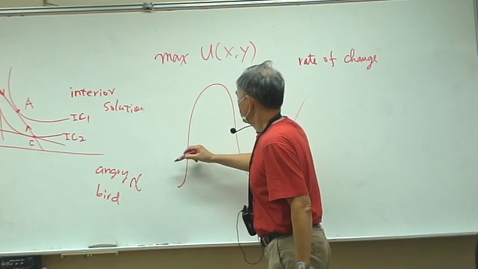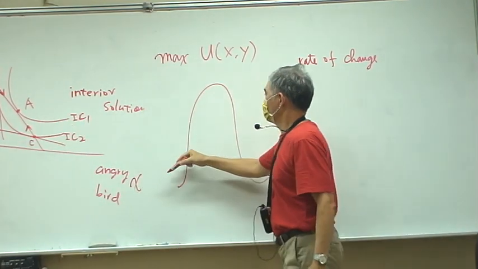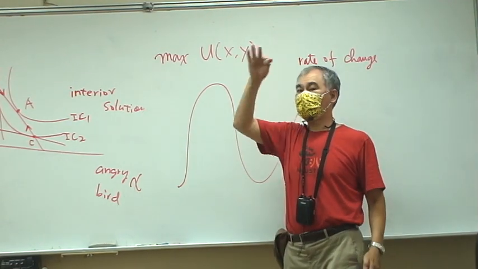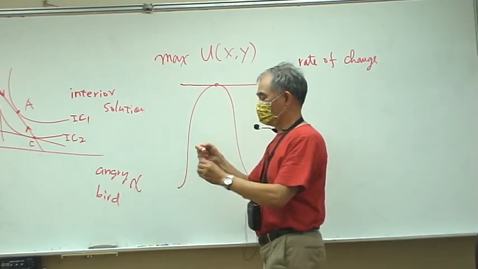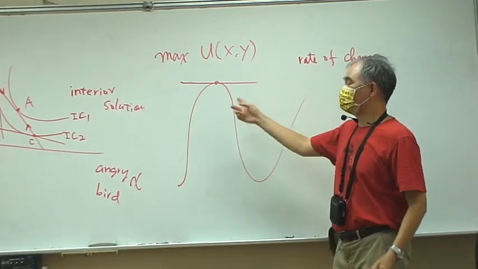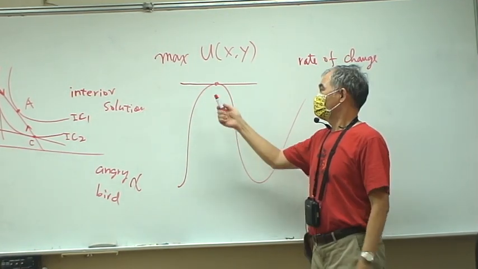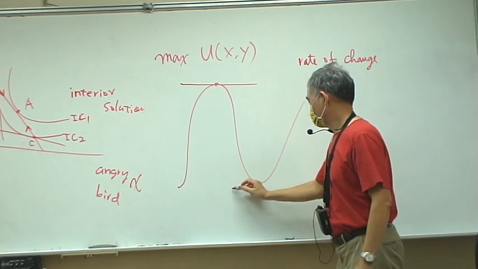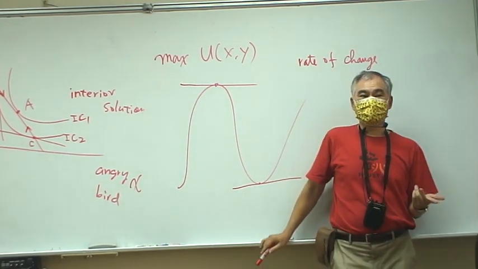The slope is just like the tangent, right? When it is at the top, the tangent should be flat, and the slope should be equal to 0. But you will find there are two possibilities, because it can be here or it can be here. So then we have to check again.